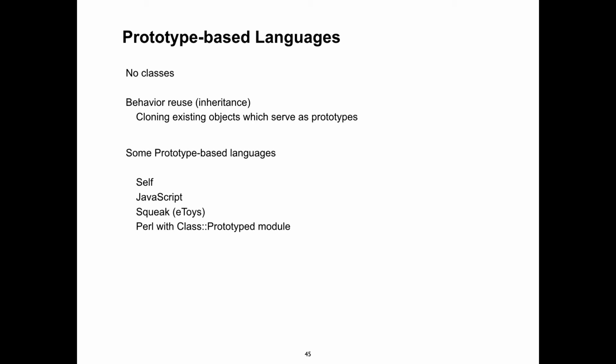Self was a project that was done at Sun, and the goal was, can we make a dynamically typed language as fast as C? And the answer was yes, we can. And to make sure that no one thought we were cheating, it was highly dynamic, so it was prototype based. To create an object, you basically create a prototype object, and then every time you just clone it.